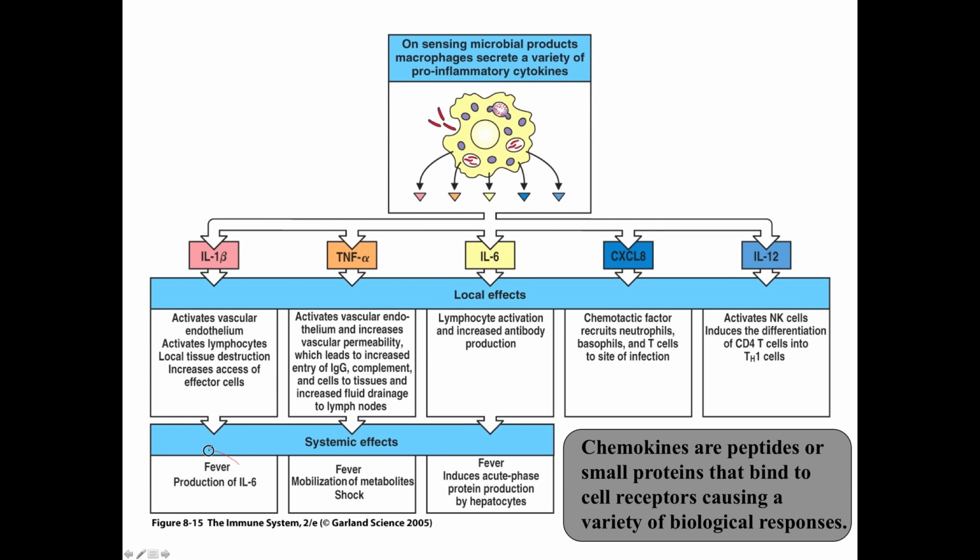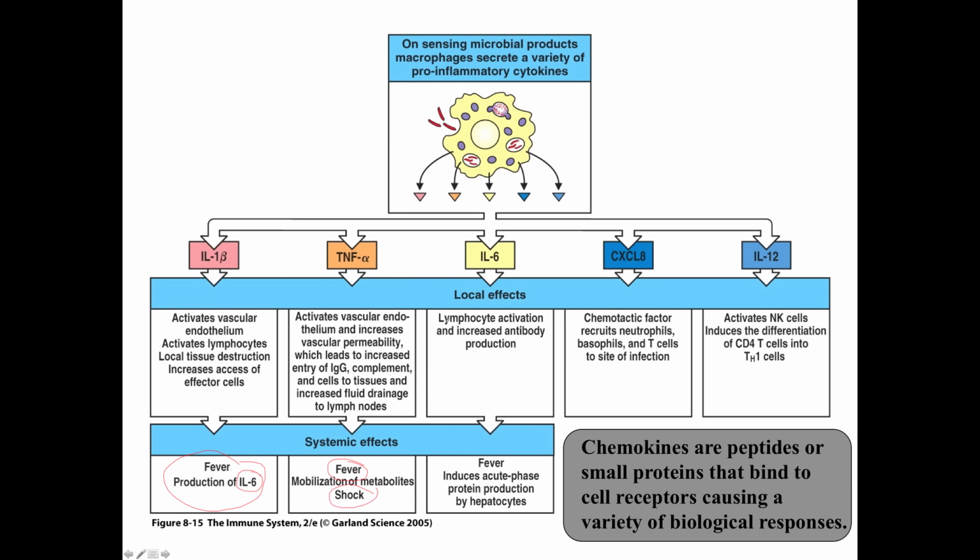It's involved in fever production, production of another very important inflammatory molecule, IL-6, and local tissue destruction. TNF-alpha activates vascular endothelial cells, increases the permeation, so that cells can get in, allowing other molecules like antibodies to get into the infected area. It also has an effect on fever and shock.